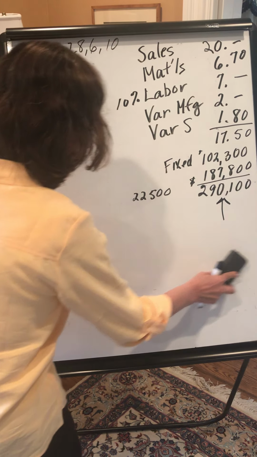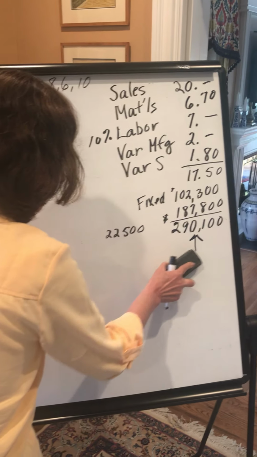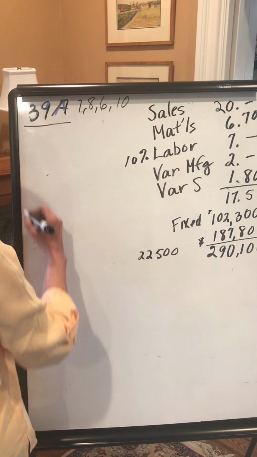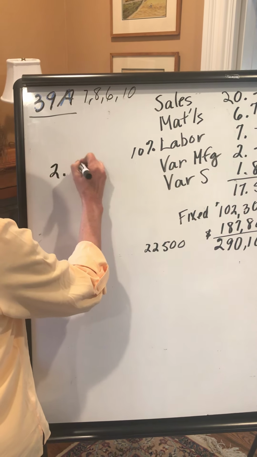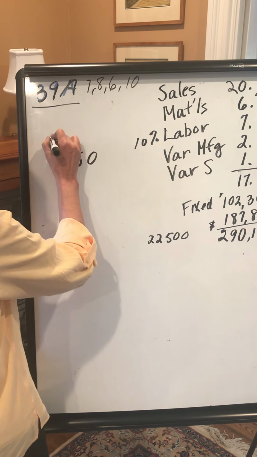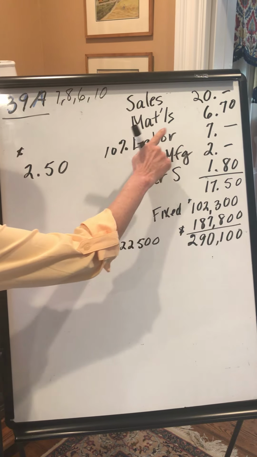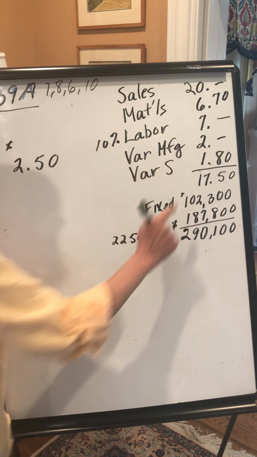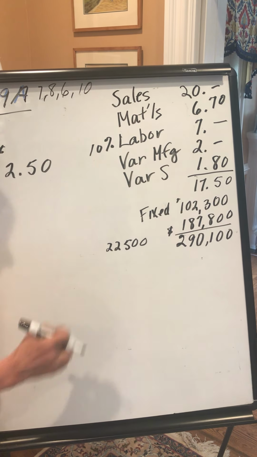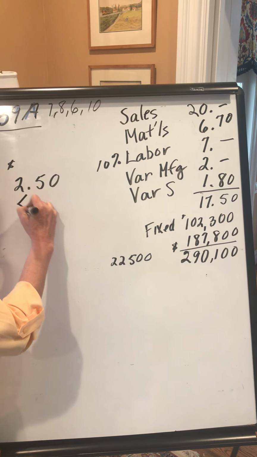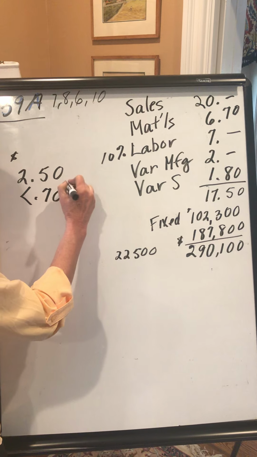Okay, so we know that the contribution margin currently is $2.50. If labor costs go up by 10%, 10% of $7 is 70 cents. That means the contribution margin will go down by 70 cents.